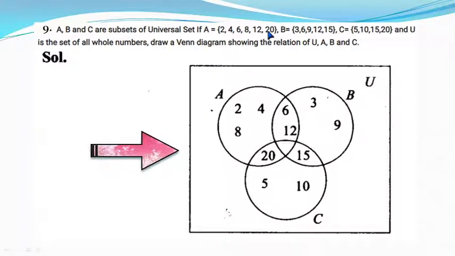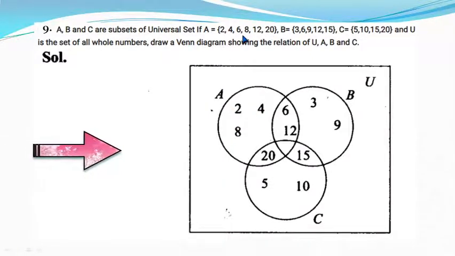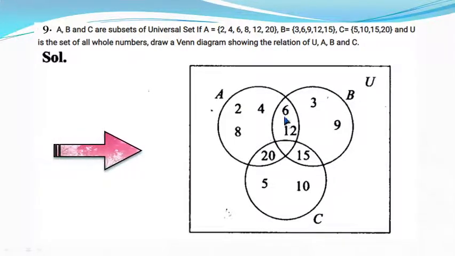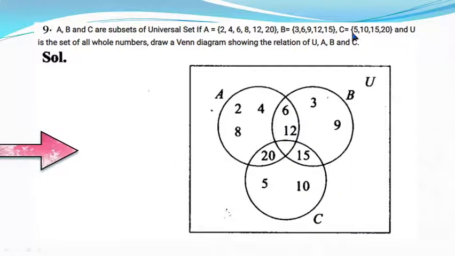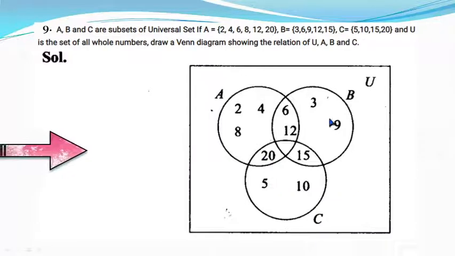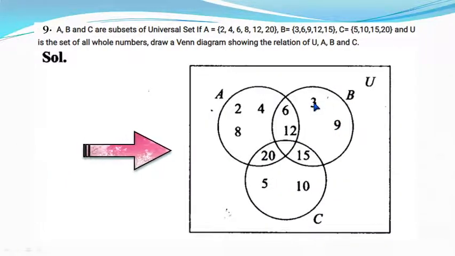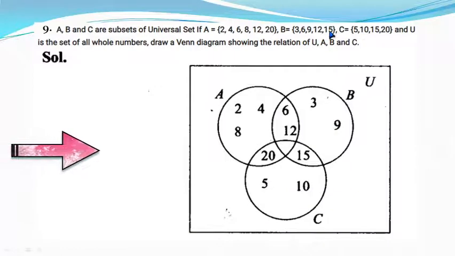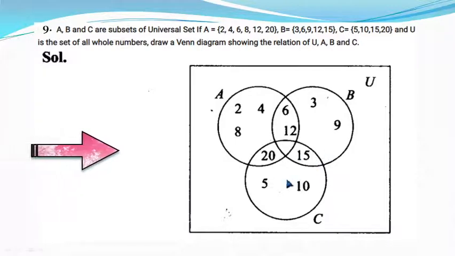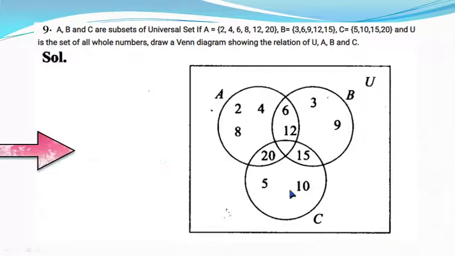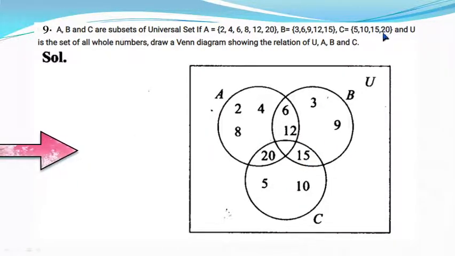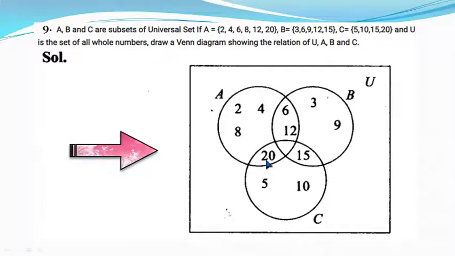Let's find out which are the common elements. So 2, 4 and 8 we will write here. Now 6 and 12, these two elements are common in A and B, so we will write them in the common region. 20 is common with set C, so we will write it in the common region of A and C. Now the rest of the elements of B we will write here, 3 and 9. 15 is common in B and C as well, so we will write it in the common region of B and C. And 5 and 10 we will write here. 15 is common with set B, so it has already come here. 20 was common with set A, so it has already been written here.